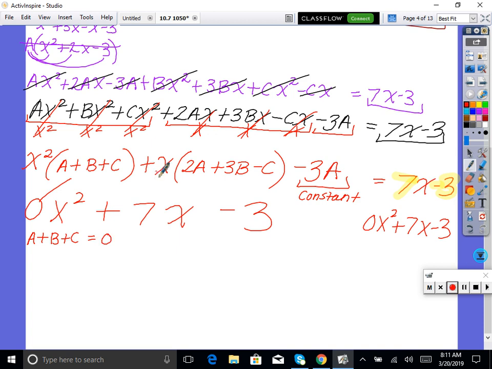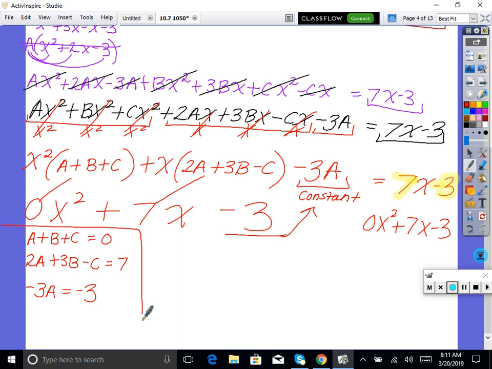Alright, now in front of our x's is this and this. So my next true statement is our 2a plus our 3b minus our c needs to end up to be 7. And then my constant needs to line up with my constant. So isn't my true statement negative 3a equals negative 3? Alright, I'm going to put a box around that, and then now I've just got to solve the system of equations.